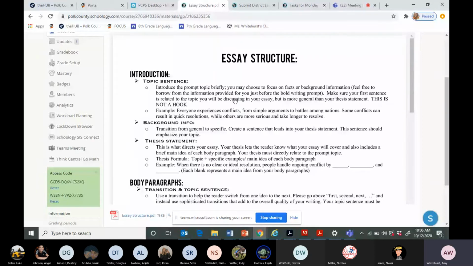What we do is we introduce the topic and we're kind of general in the beginning. So an essay moves from a general structure to really specific in the body paragraphs, and then the conclusion is a little bit more general at the end. So you introduce the background information.